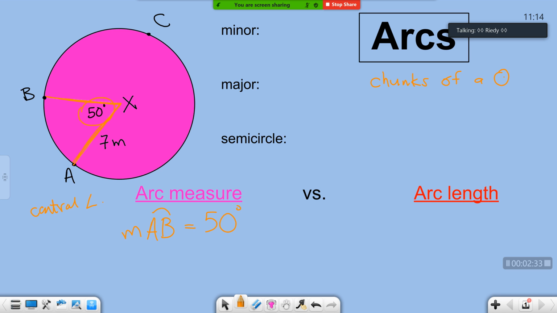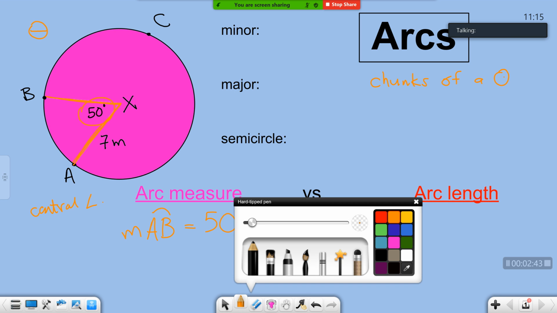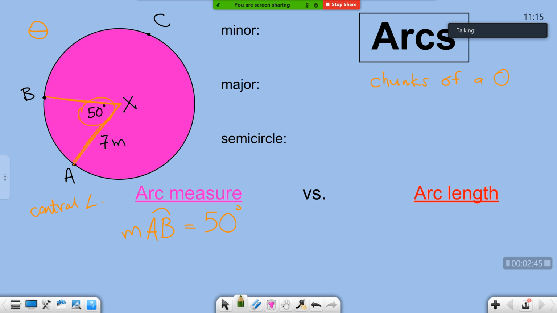So, a minor arc would be any arc, sidebar here. Have we talked about that symbol before? Yes or no? Yes, it means circle. No, this means circle. That's a theta.